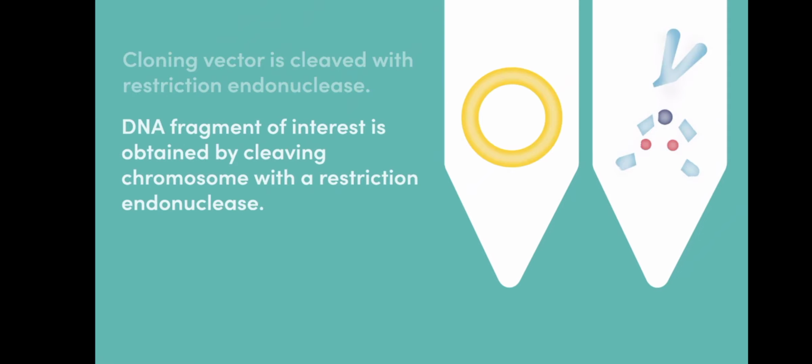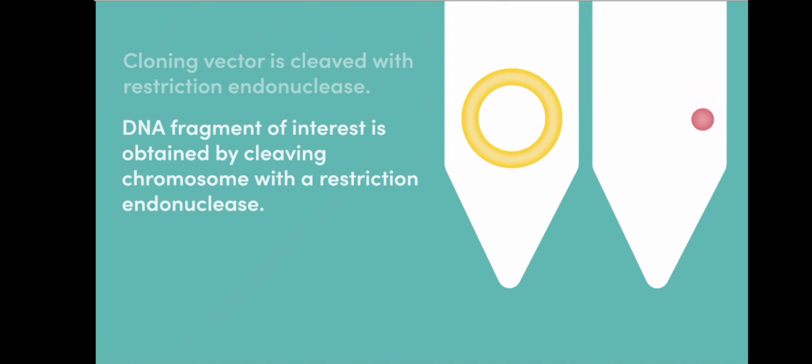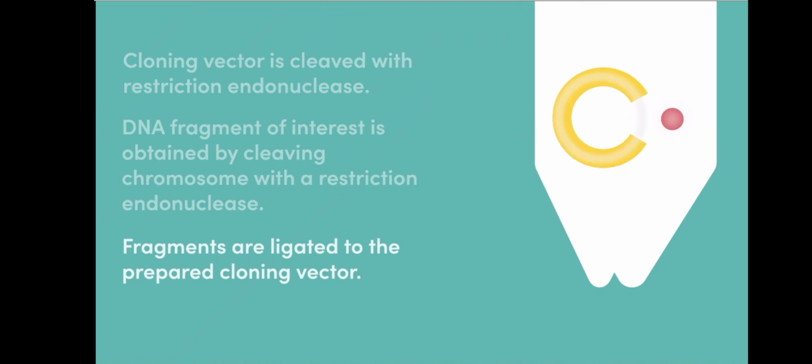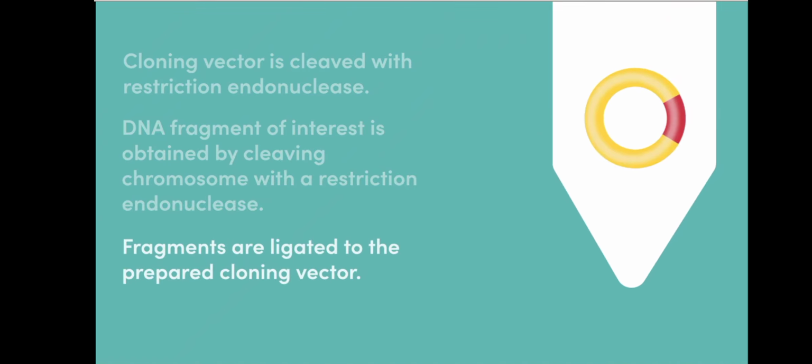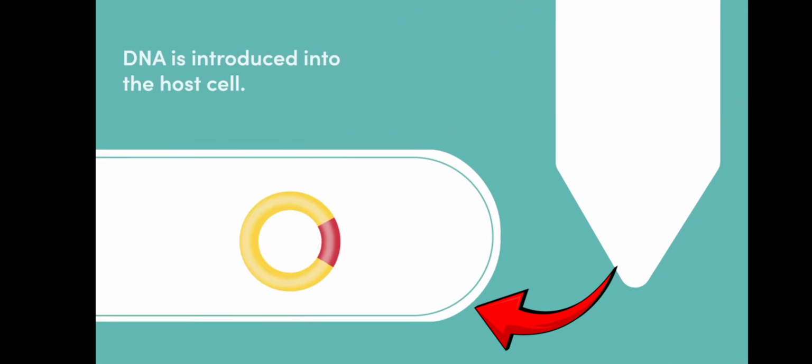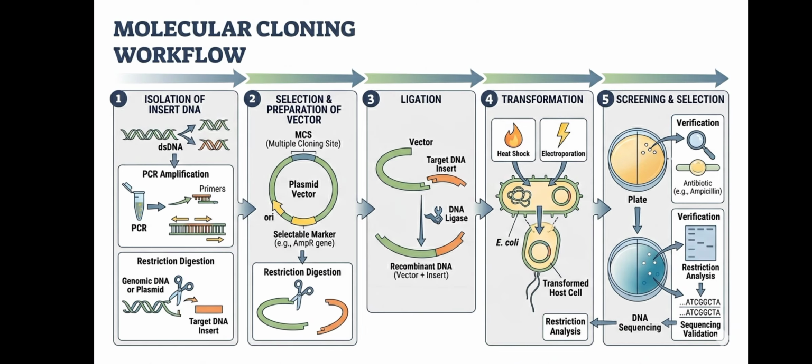So we cut the insulin gene. Here the red dot represents the insulin gene, and the vector is also cut, then both are ligated together. This vector is then reinserted into a bacterium so that it replicates itself and produces insulin, isn't it?